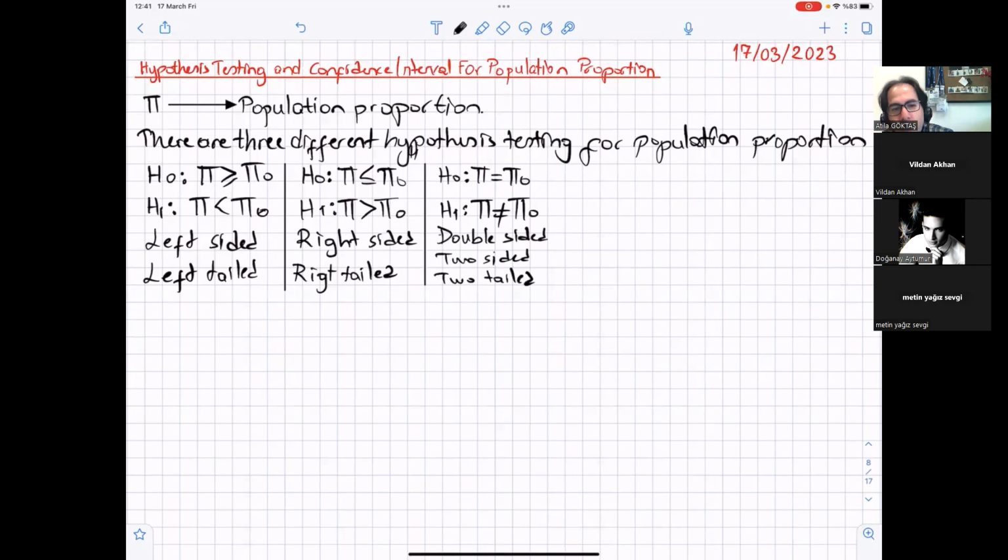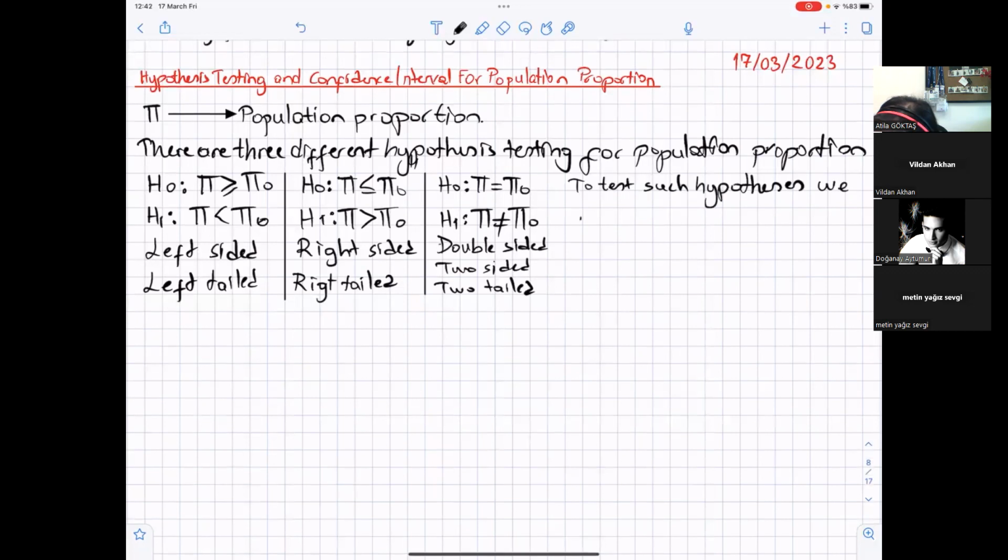So to test such hypotheses, you will have to use an alpha level of significance, of course.